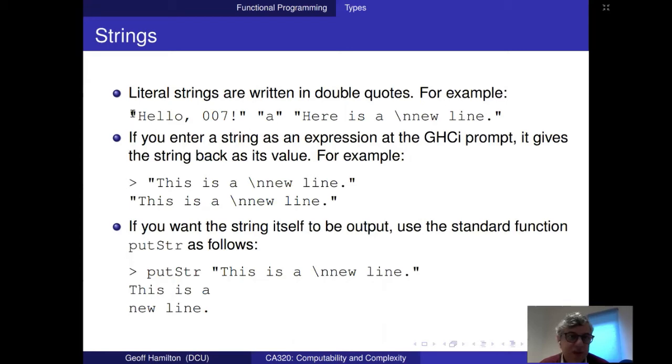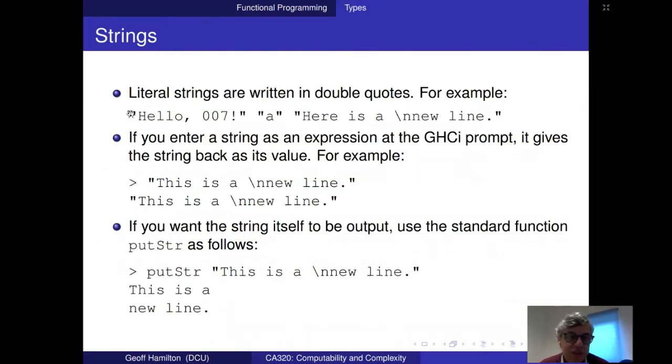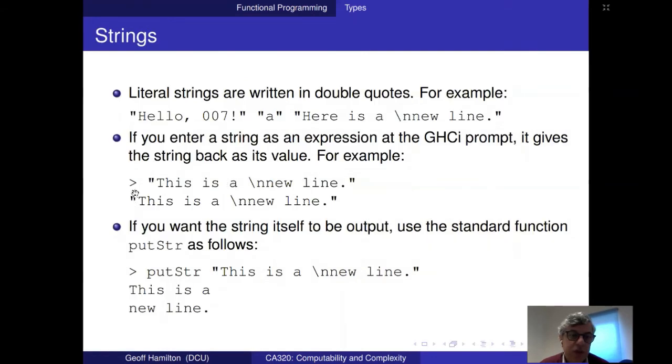For example, that's a literal string instead of a literal character. We had the literal character in single quotes, and literal strings can be written in double quotes like this, and also these. When GHCi interprets this string, take this one as a newline. If you put it in front of the interpreter, the exact string will be printed here, and the \n is not treated as a new line.